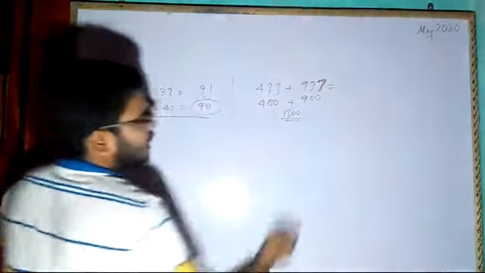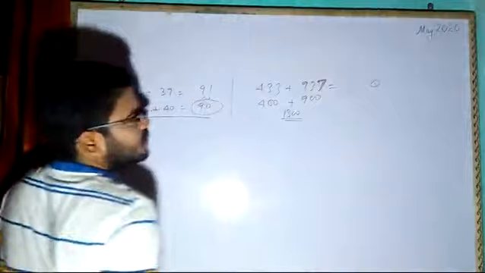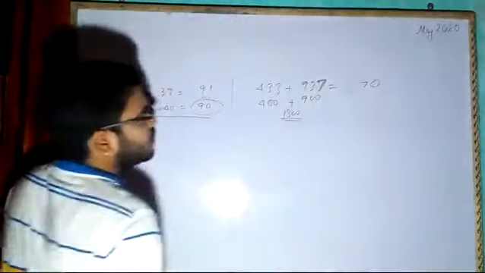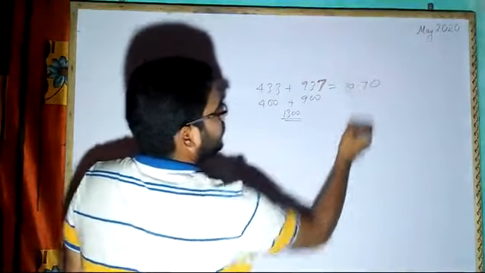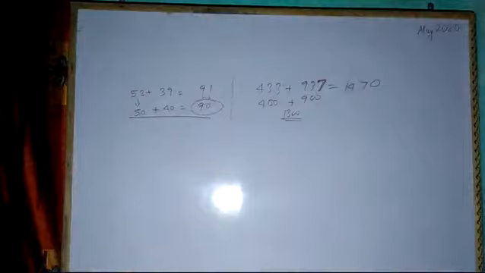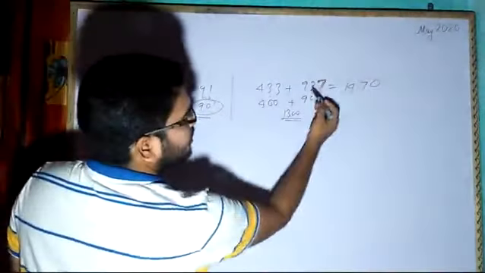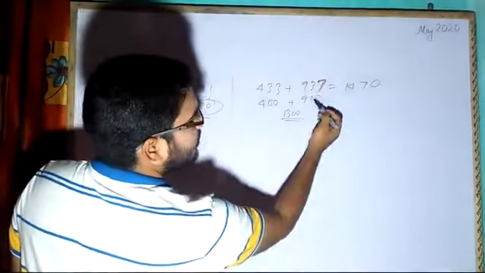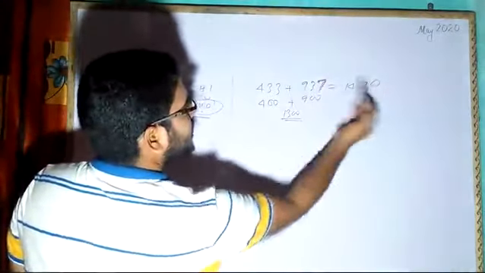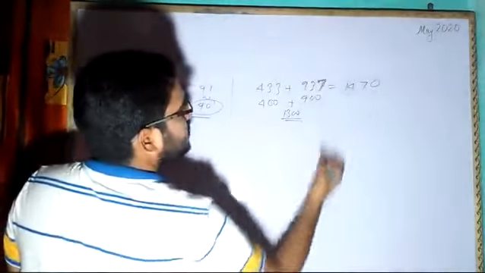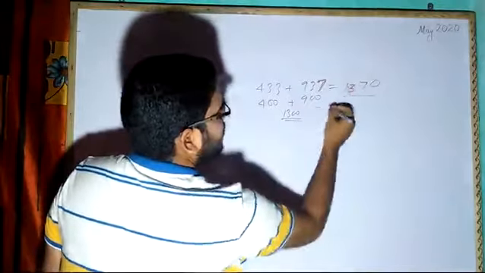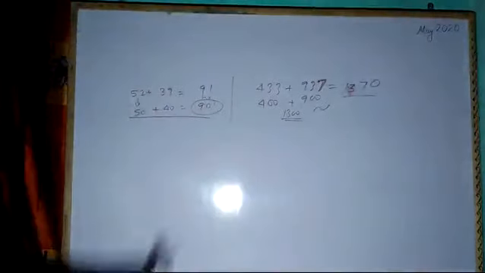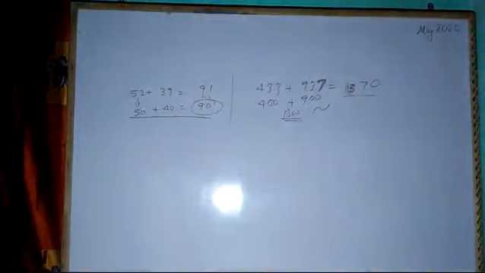Now if you actually calculate, it will be 7 plus 3, 10, carry 1, 3 plus 3, 6 plus 1, 7, and then 9 plus 4, 13, so 1370. So nearest you are getting 1300 by round off, and exact value will be 1370. So in this way it will be helpful if you do any round off of the numbers.